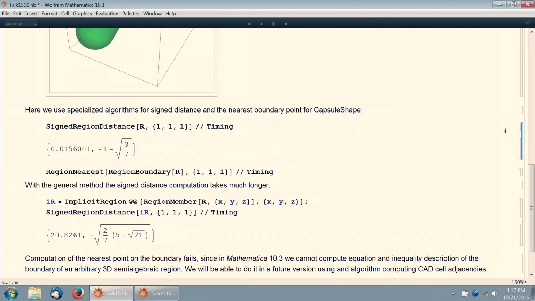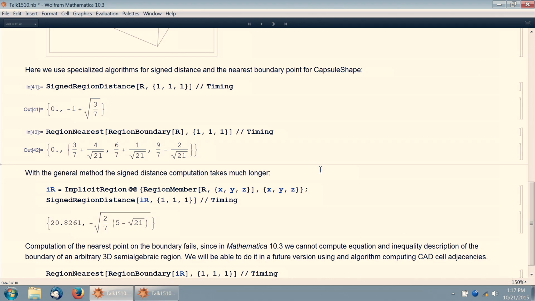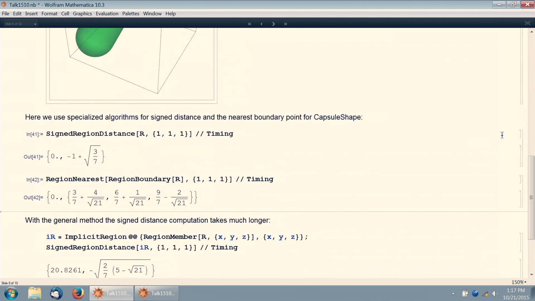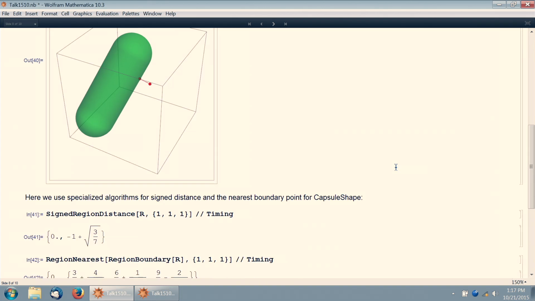Here, for 0 seconds and 0 seconds, are the distance and signed distance using the formulas for one special point. And if we wanted to compute the nearest point on the boundary, which is the one that we need to mark this point and be able to draw a line between them, that takes forever.